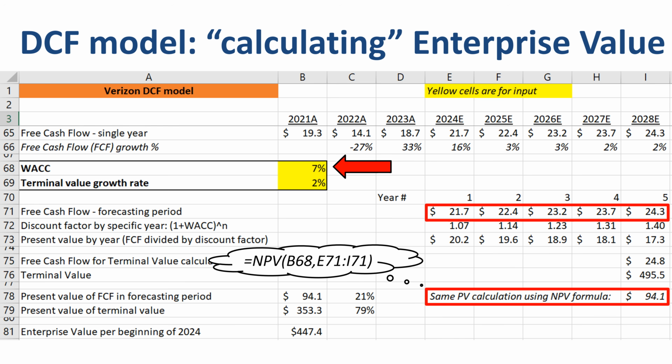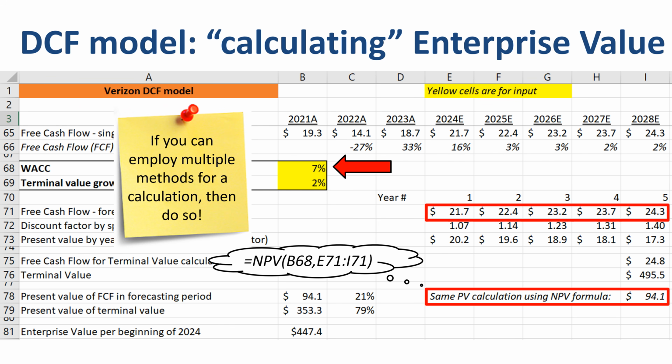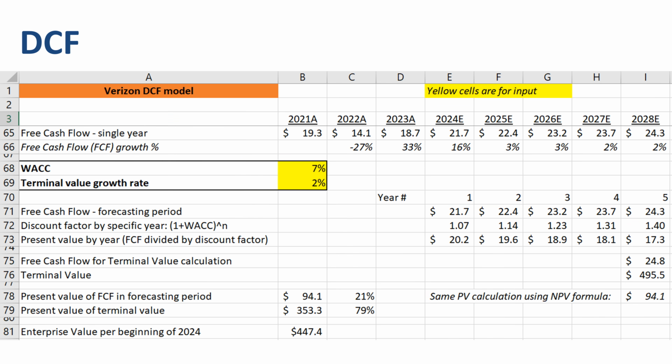Using this formula also gets us to $94 billion. It might seem like a duplication of effort to calculate this in 2 ways, but it's only a small investment of time and effort versus the huge consequences of having formula errors in your DCF model. Check, check, double check.